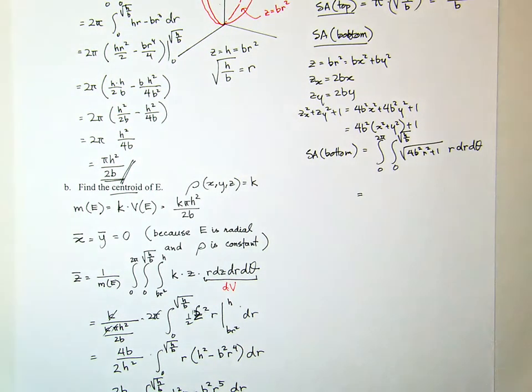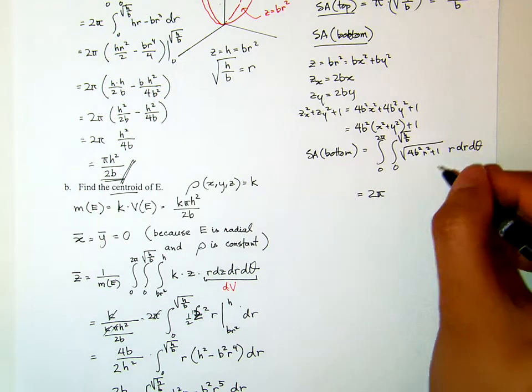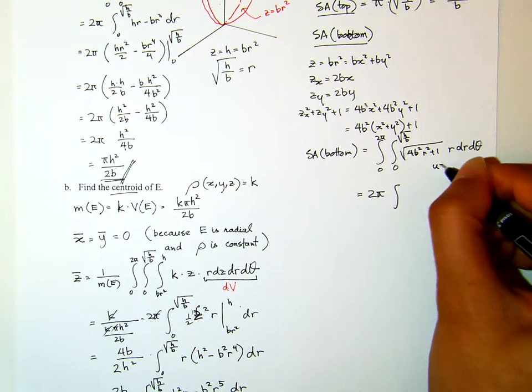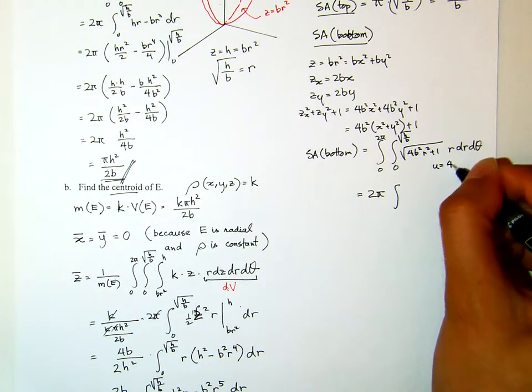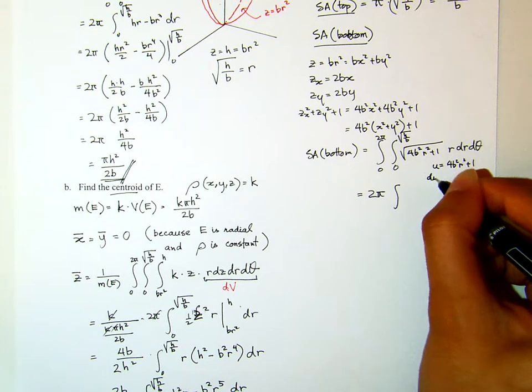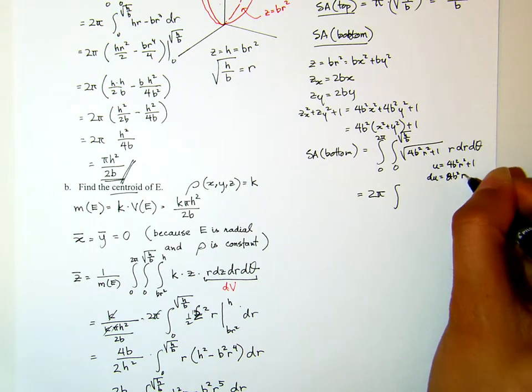By the way, if you see a radial solid, then it tends to be independent of theta. So you can pull the 2 pi out again, and then if I use the substitution u equals 4b squared r squared plus 1, then my du will be 8b squared r dr.